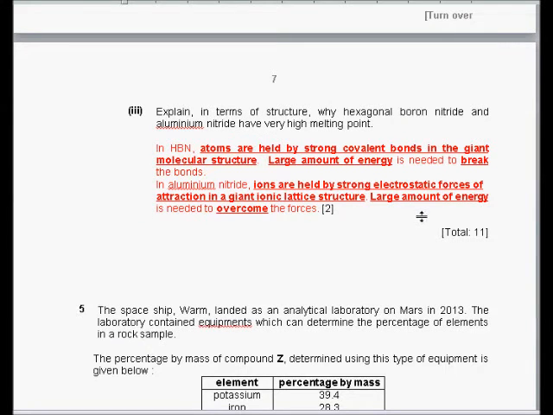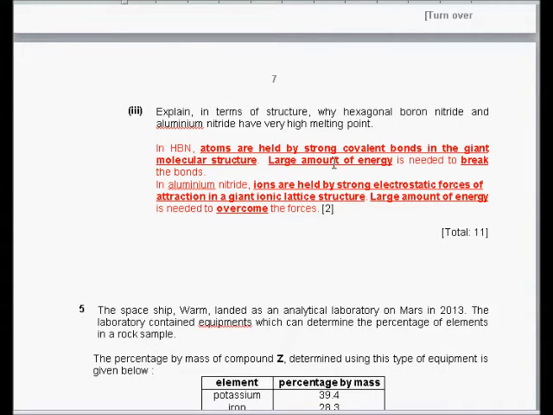And how about explaining in terms of structure why hexagonal boron nitride and aluminum nitride have very high melting points. So you have to tell me the name of their structure and how the atoms in the structures are being held. So atoms in HBN are held by strong covalent bonds in the giant molecular structure. Giant molecular structure is the name of the structure.